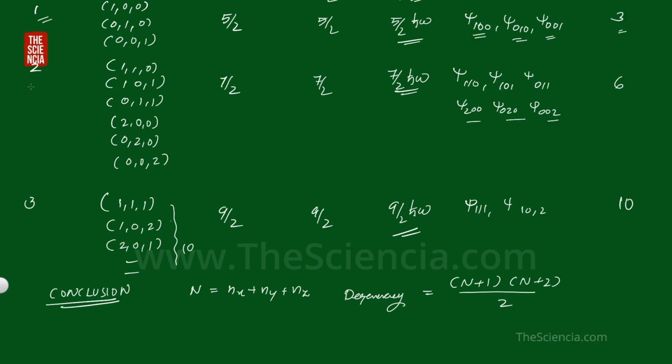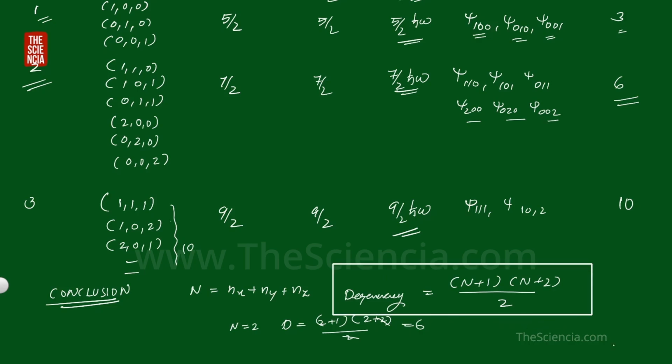And if n equal to 2, then degeneracy will be (2 plus 1) into (2 plus 2) by 2. So we can cancel one of 2, so you will get 6, right? So this is the general expression to find out degeneracy of a 3D isotropic harmonic oscillator.